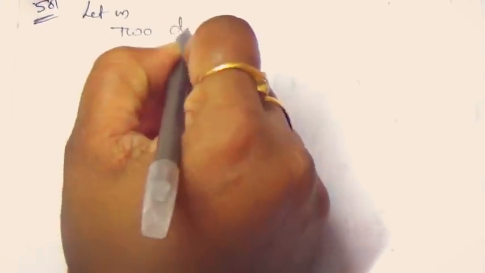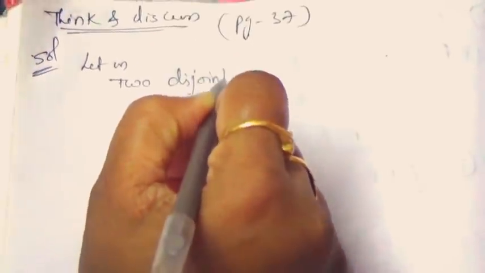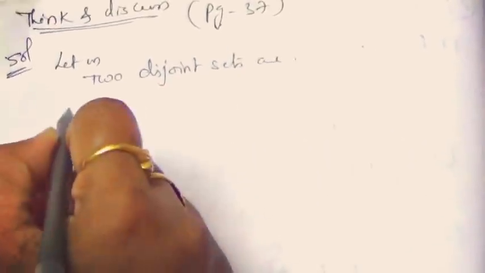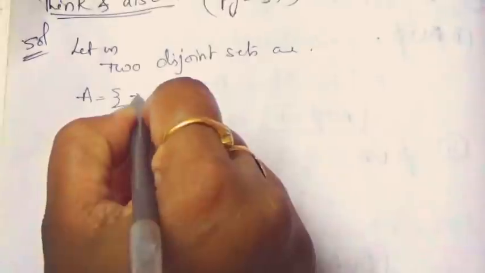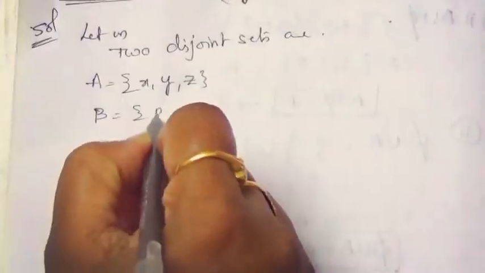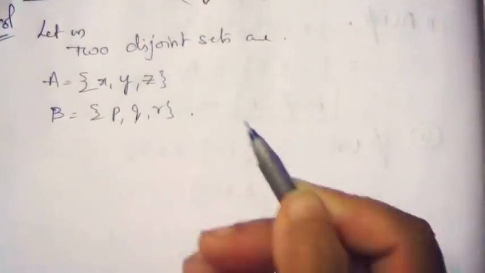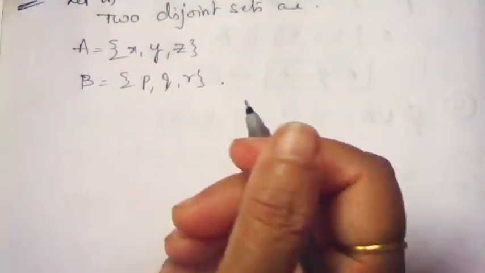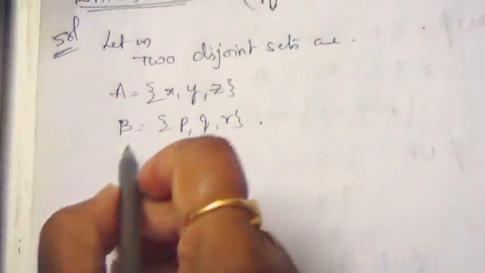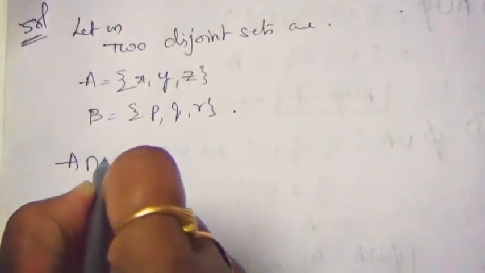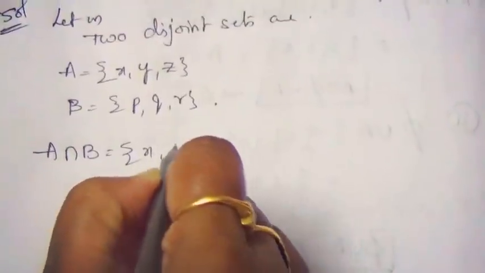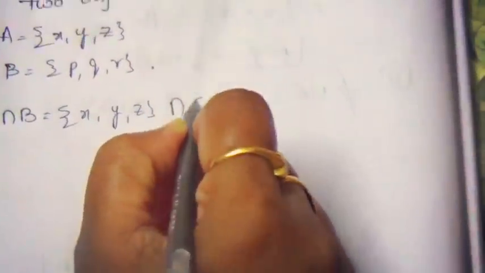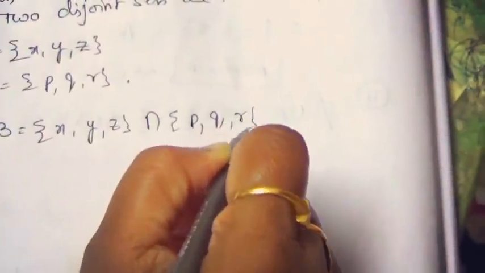Two disjoint sets are A is equal to {X, Y, Z} and B is equal to {P, Q, R}. We have to find the intersection of these two disjoint sets. No element is the same in both sets. So A intersection B is equal to {X, Y, Z} intersection {P, Q, R}.